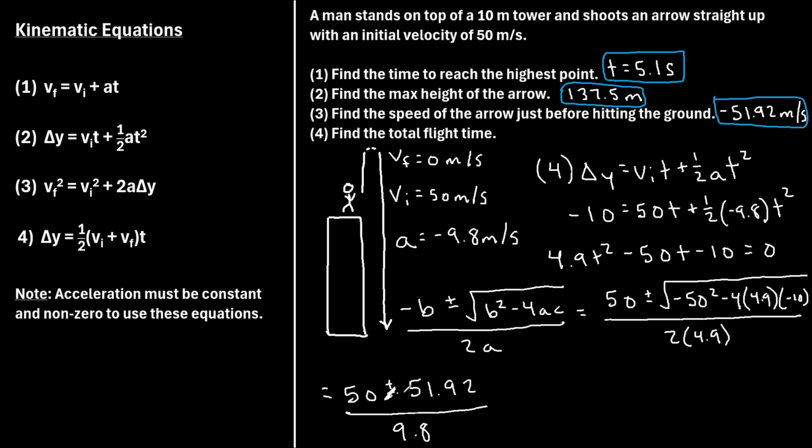We're not going to use that because time can't be negative. So our only answer is going to be 50 plus 51.92. That's 101.92, divided by 9.8, and that turns out to be 10.4. And remember, we're talking about time, so we're talking about seconds in this case. So our final answer is that the total flight time of the arrow is 10.4 seconds.